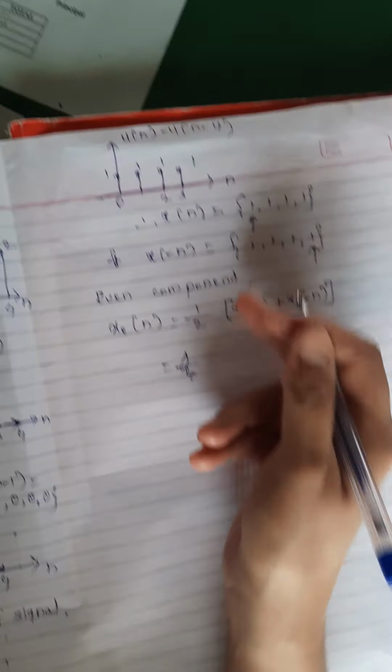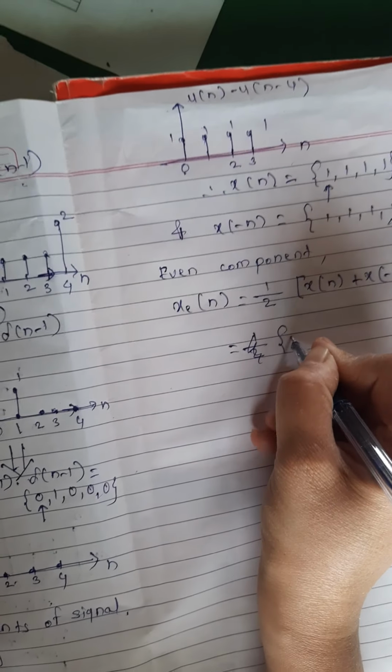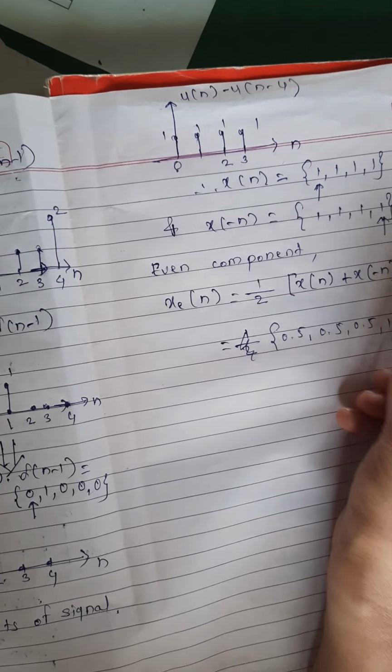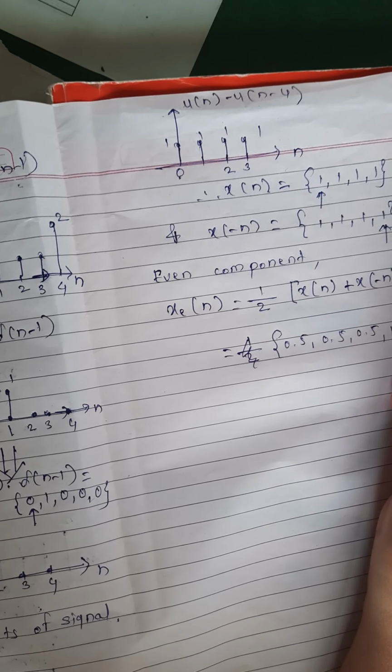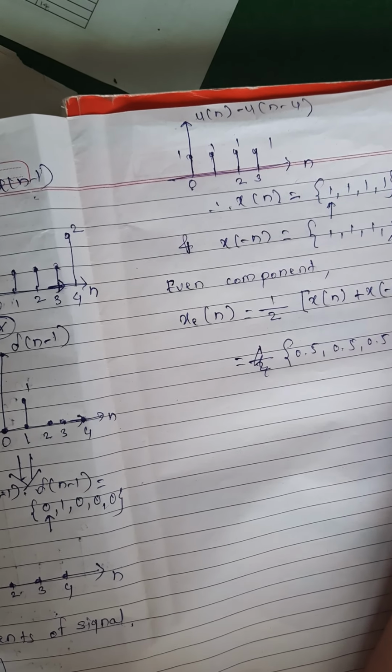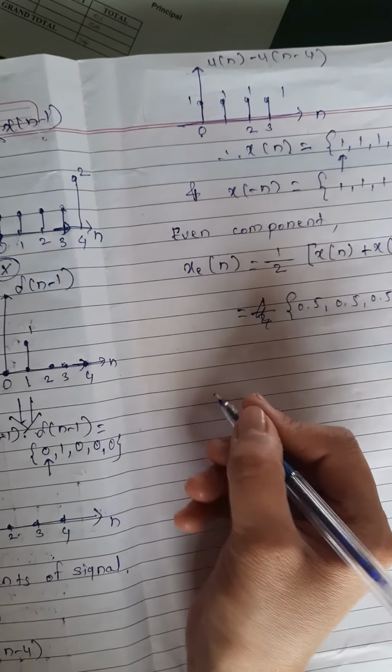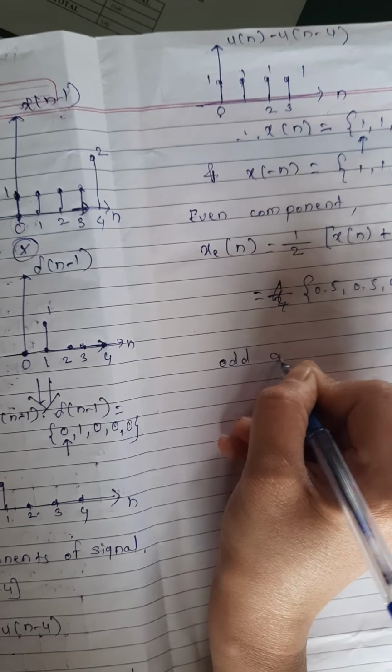Here we directly add these two signals and divide by 2, and the answer is 0.5, 0.5, 0.5, 1, 0.5, 0.5. So this is the even signal.